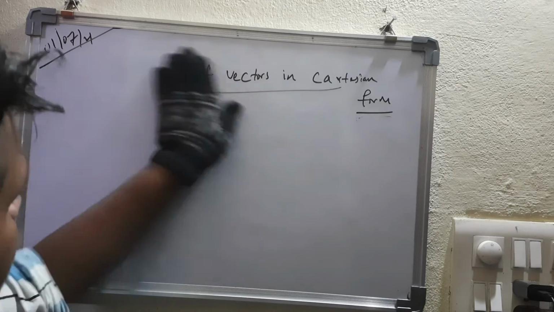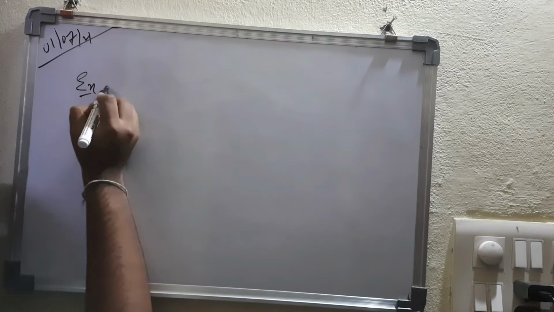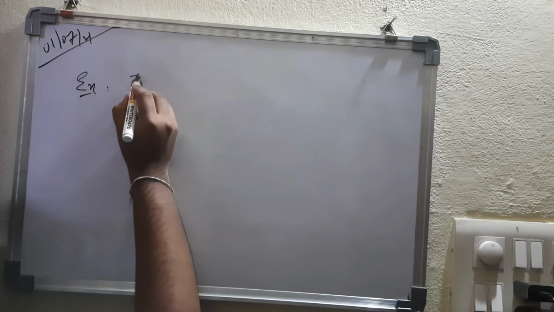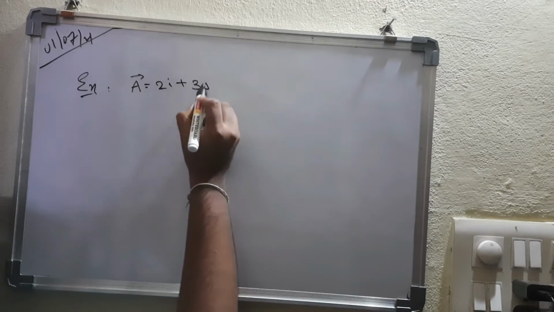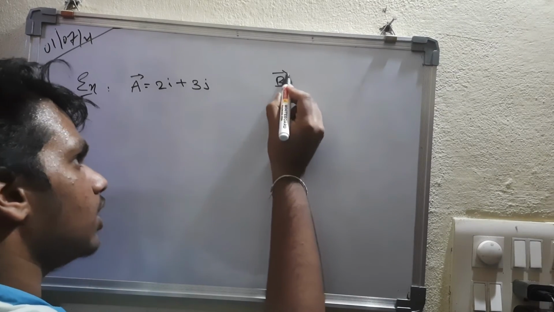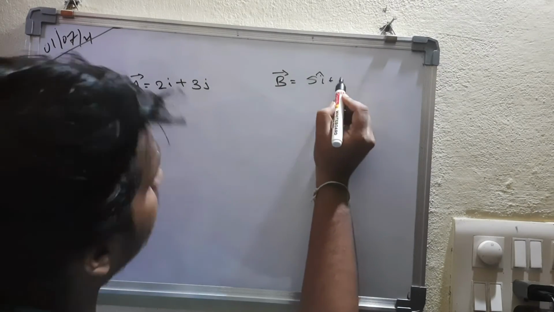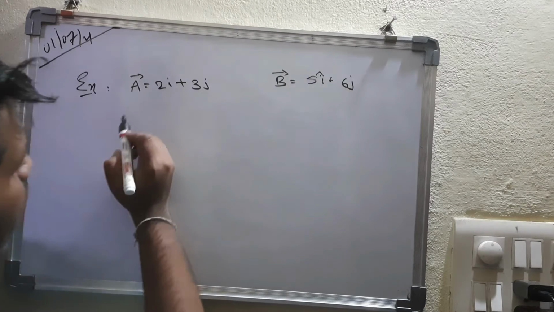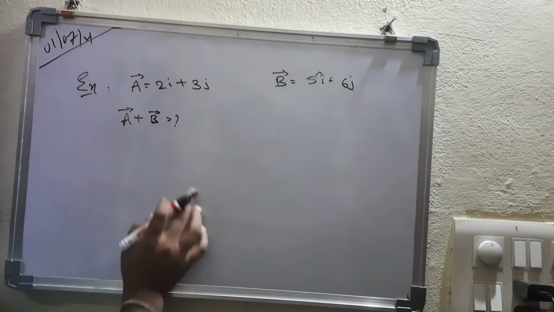Now, an example. Vector A equals 2i plus 3j. Vector B is equal to 5i plus 6j. Now A plus B equals how much?